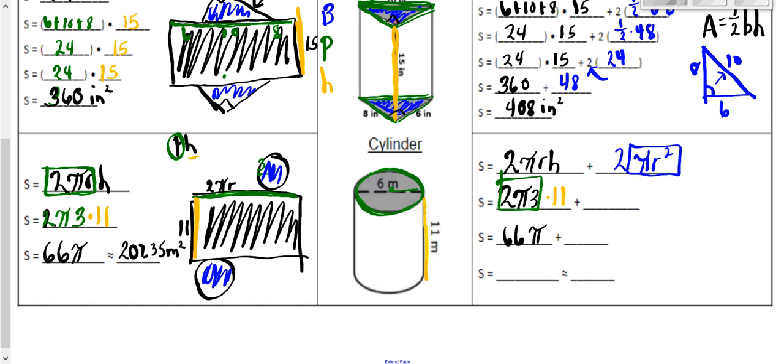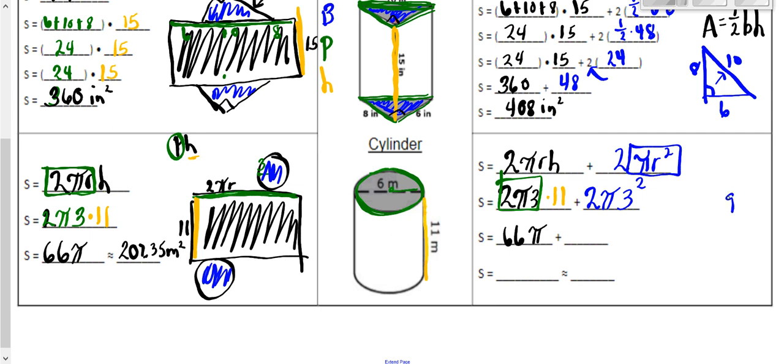But our formula just tells us straight out what that would be. So I want to do plus 2 times pi. My radius is 3 squared. Okay, so I like to save pi till the end, so 2 times 3 squared.